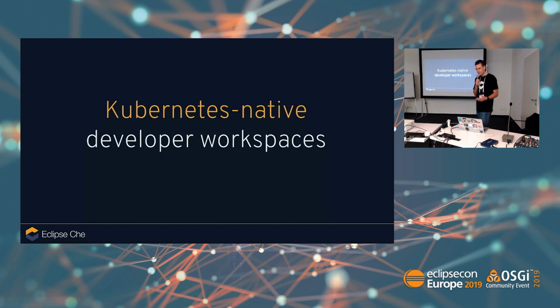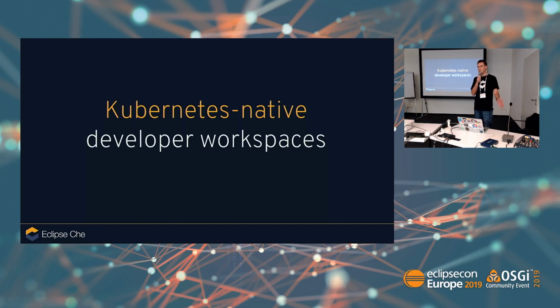So Kubernetes native developer workspace, that's a big part of the changes that have been introduced inside of Che 7. So now inside of Che, the workspaces are Kubernetes pods, and inside of those pods, everything has been containerized.